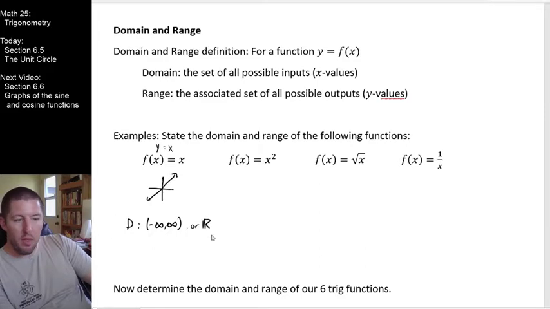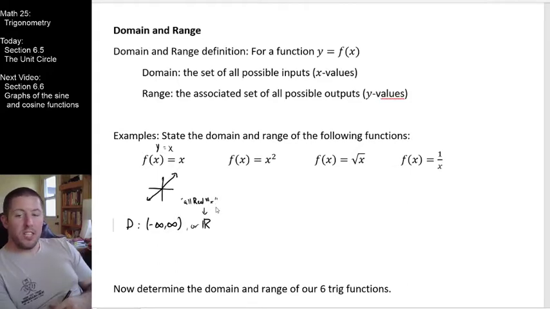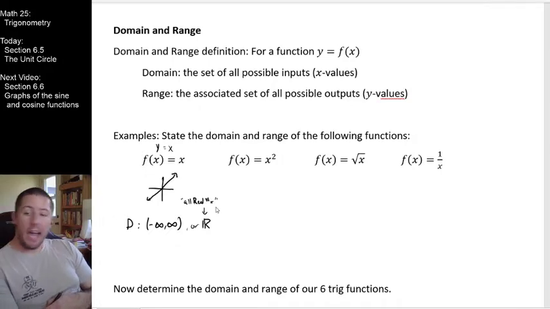Another way to write this, by the way, is with the little double stick R, which stands for all real numbers. If you're allowed to plug anything into that function, we can say it either as any number from negative to positive infinity, or as all real numbers. Everything's allowed.